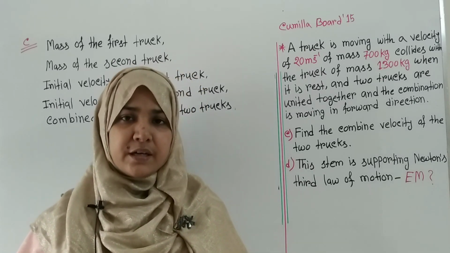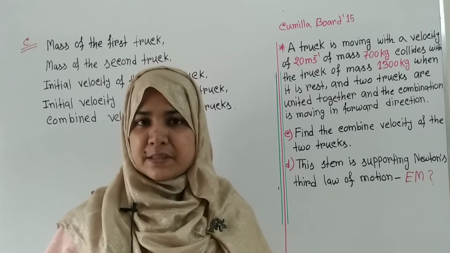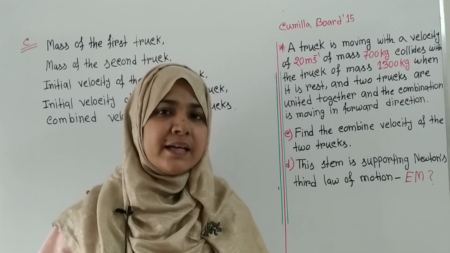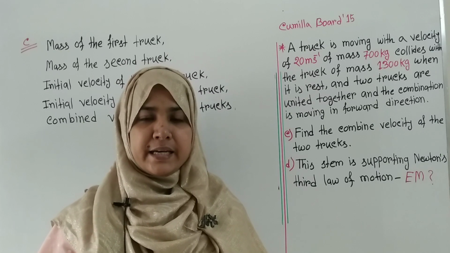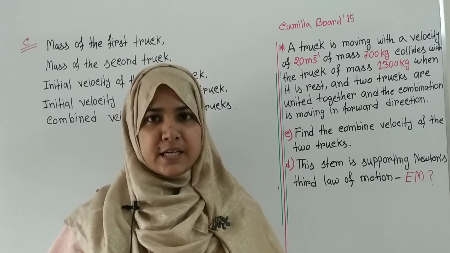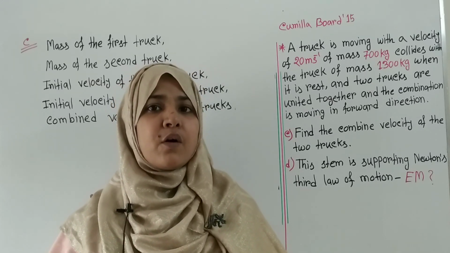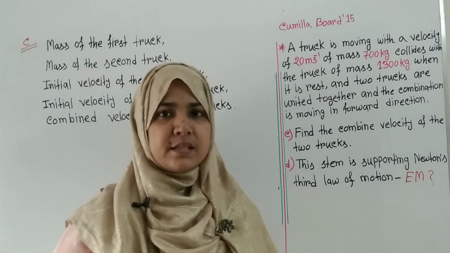That means there were two trucks, one moving with a velocity of 20 meters per second and another at rest. After some time, the moving truck hits the resting truck, and as a result, the two trucks start to move combined in a forward direction.